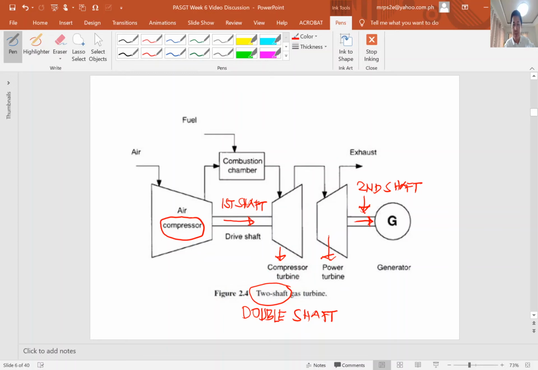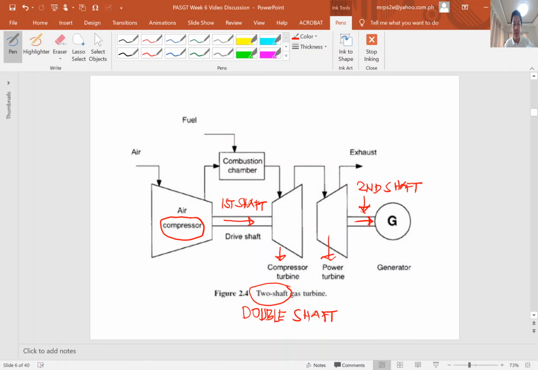But in the double shaft or the two shaft, there is a compressor turbine and there is a power turbine, and they are separated, while in the single shaft there is no compressor turbine and no power turbine.